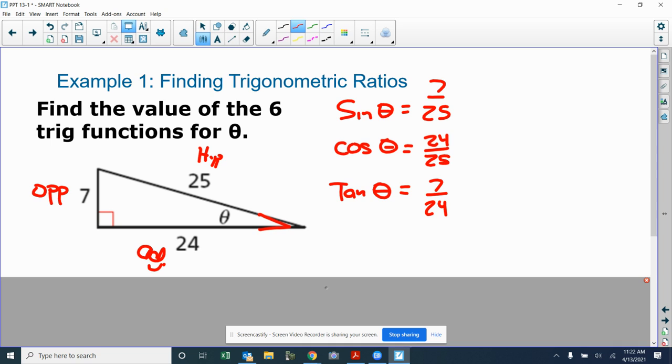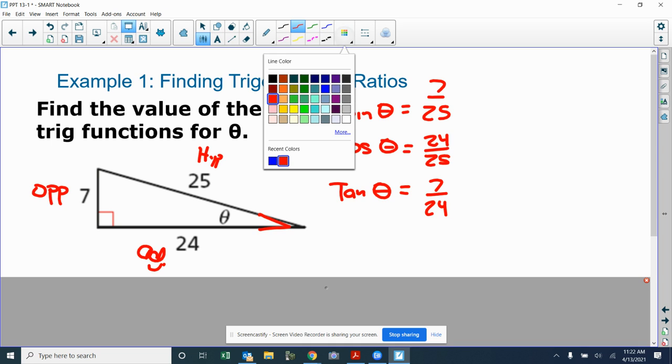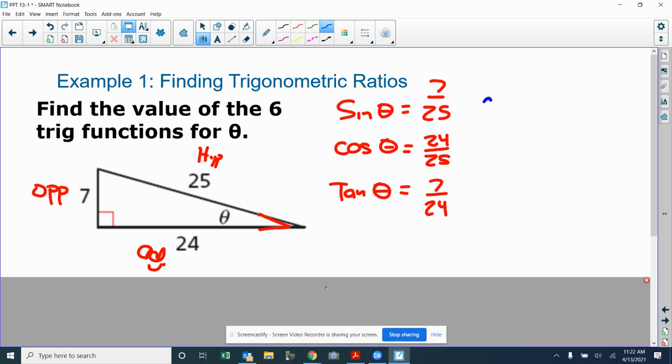Okay, now, the three new ones: cosecant, secant, and cotangent of your angle. Now, if you list it like this, it's gonna be easy. If you try to mess it all around, you're gonna get confused.